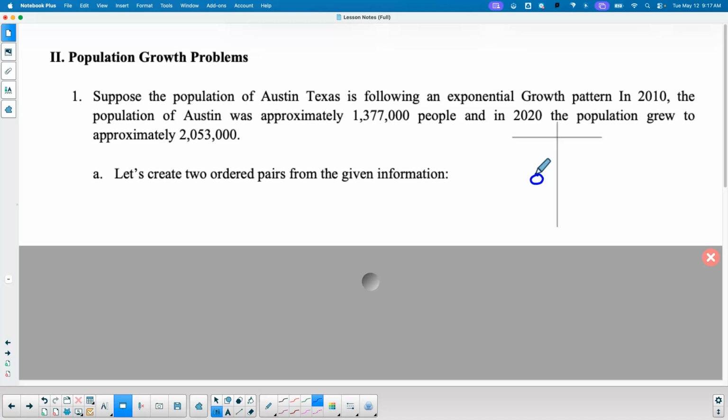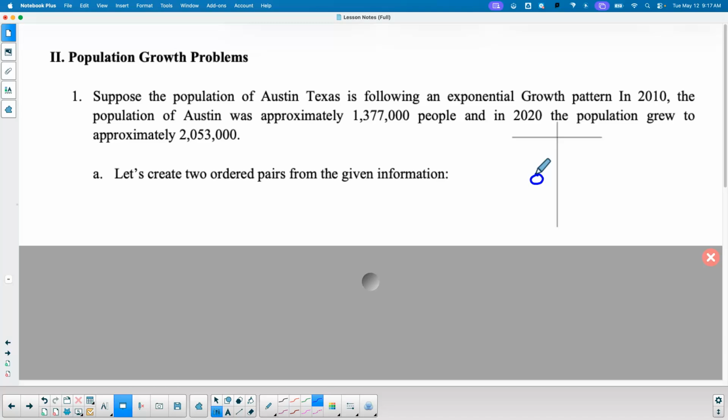That's a pretty big number, right? So could we make that be a little smaller? We could do 1,377, and then our answer would be in thousands. Or we could do 1.377, and our data would be in millions.